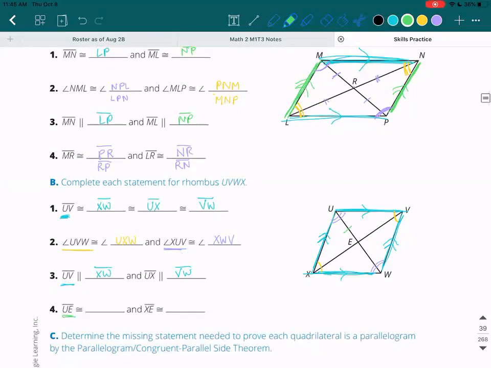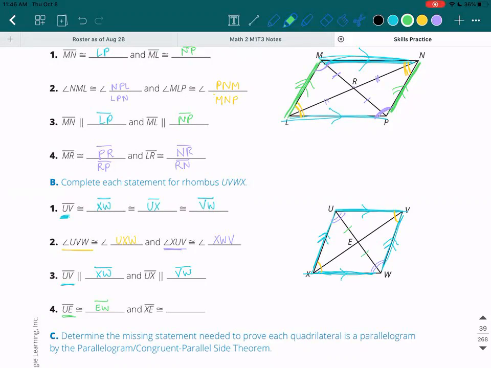Okay. So we have UE over here. UE is congruent to which one? EW. Good. Those two are congruent because that diagonal got bisected.